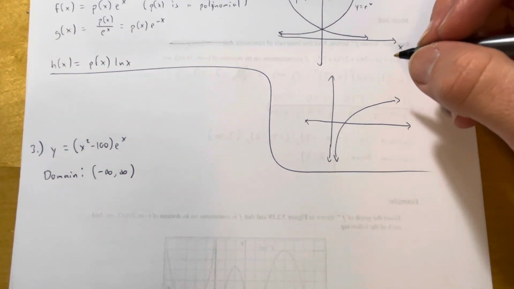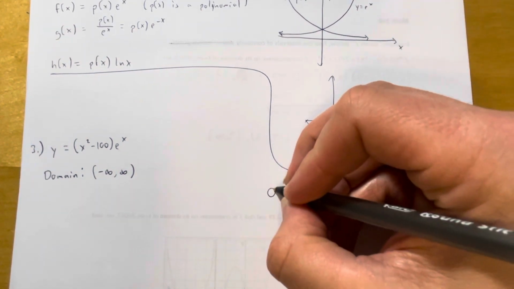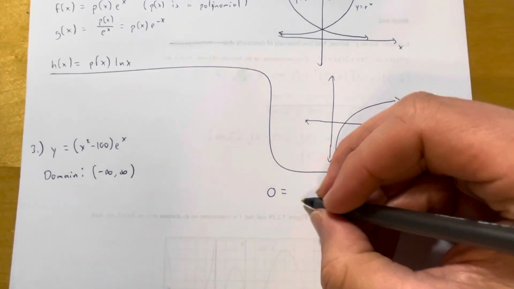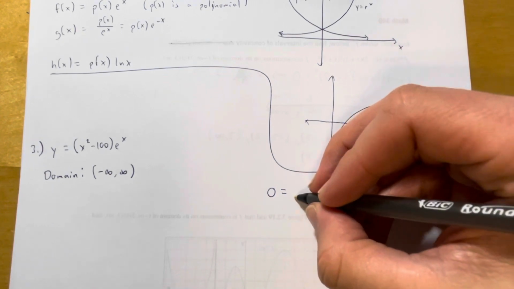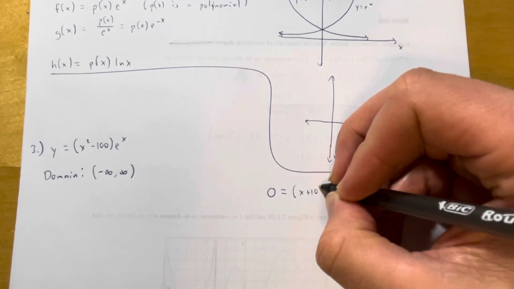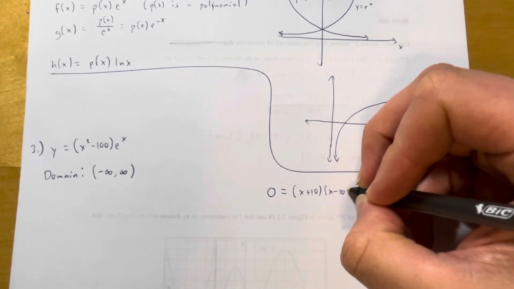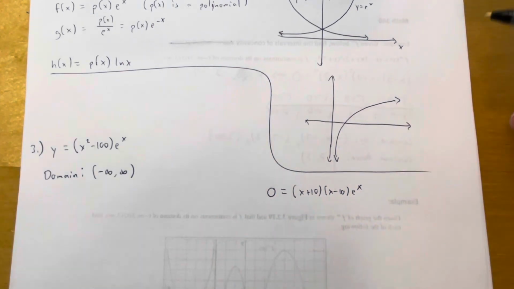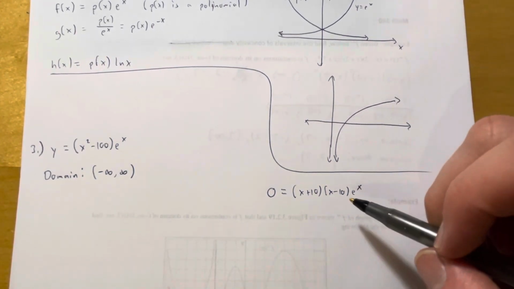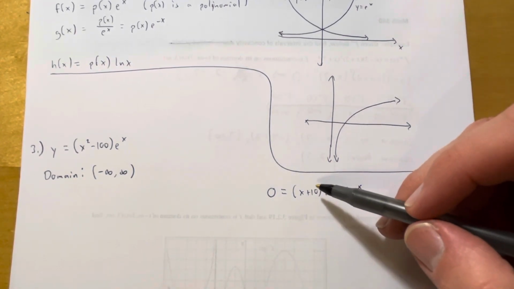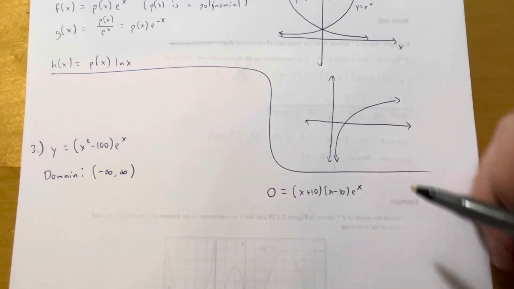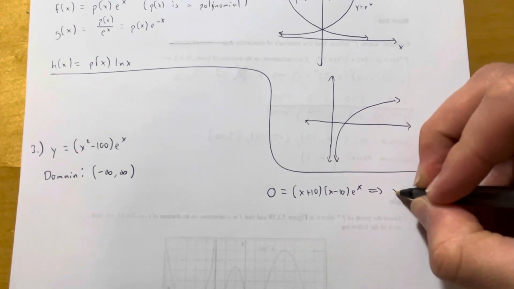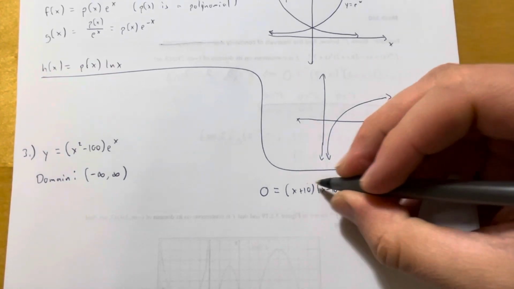Okay? What about intercepts? Let's do those next. If I want to find the x-intercepts, then I'd be setting y equal to 0. So 0 equals x squared minus 100, which factors to x plus 10 times x minus 10 times e to the x. And I'm looking for the solutions to this. Well, I use my zero product property, and I can see that plus or minus 10 are solutions from these first two factors.